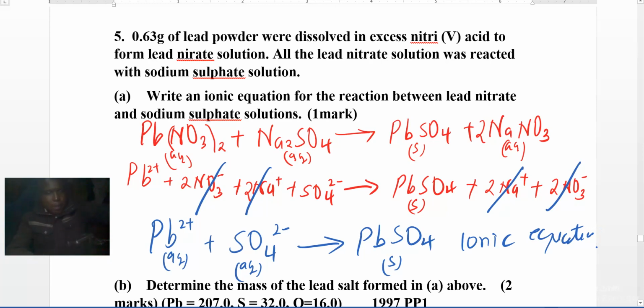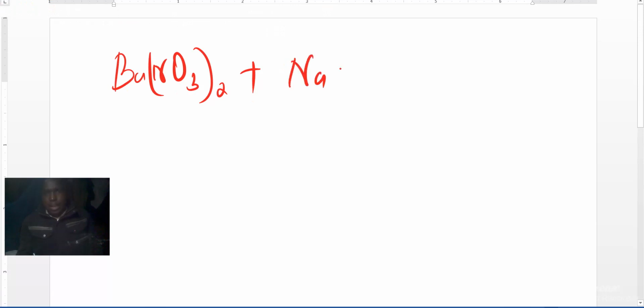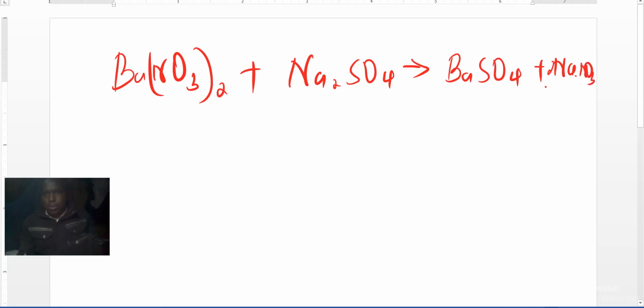So for example, I can do one more example on the same. If you are given barium nitrate plus sodium sulphate, this one will form barium sulphate plus sodium nitrate, 2 of them.